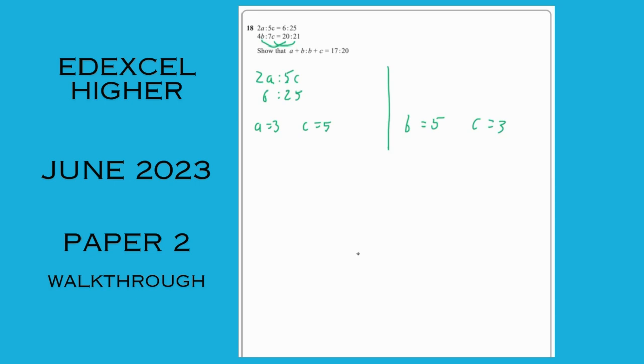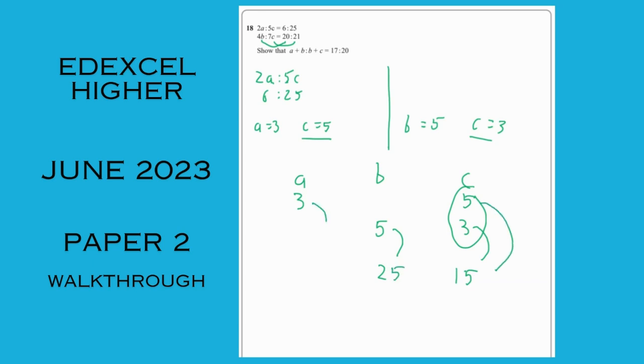So this is where the linked ratio part comes in, because they're not linked, but C can link them. So A to C is 3 to 5, B to C is 5 to 3. As you can see, we can make these the same by going to 15, by timesing by 5, and by timesing by 3.